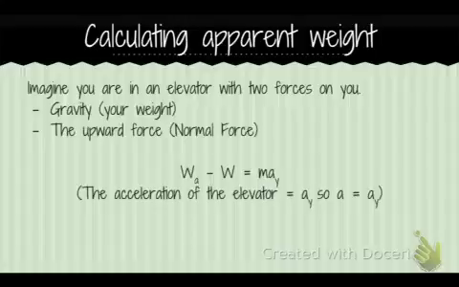In a normal circumstance, your apparent weight minus your weight is equal to your mass times the acceleration in the y direction. The acceleration of the elevator is in the y direction, so your acceleration equals the acceleration in the y direction. So it's just your apparent weight minus your weight equals your mass times your acceleration.